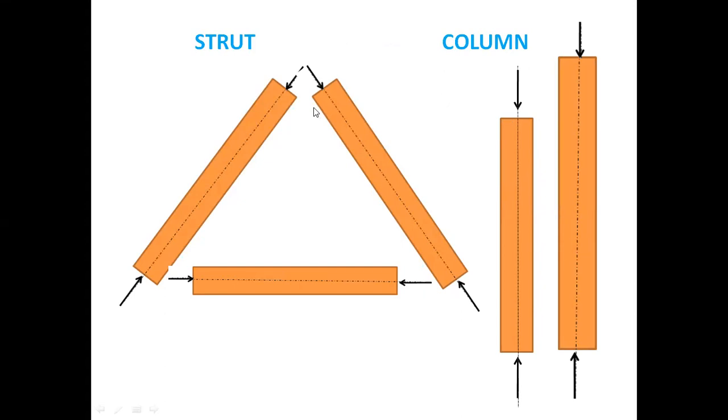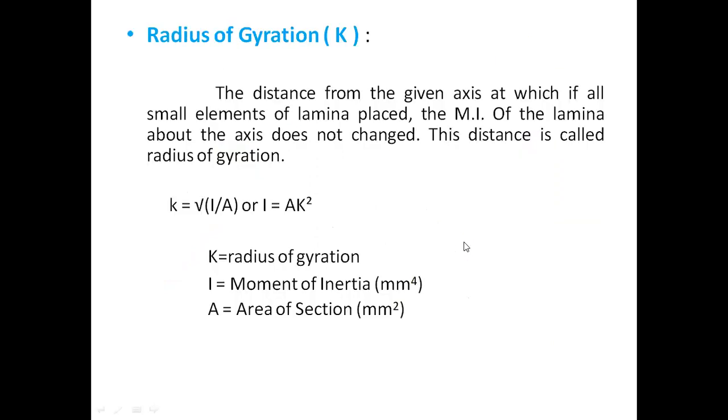Okay, and a strut is an inclined member, and struts can also be available as horizontal members also. So the important sectional property to decide a compression member is the radius of gyration. Okay, so let's discuss the radius of gyration and all these now.